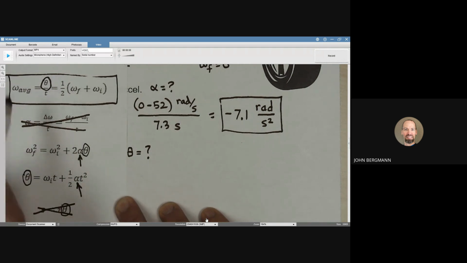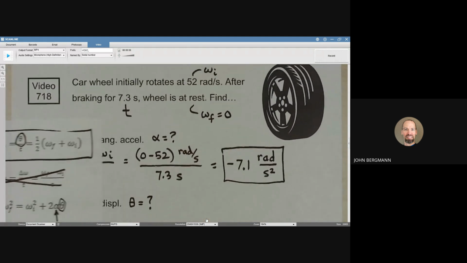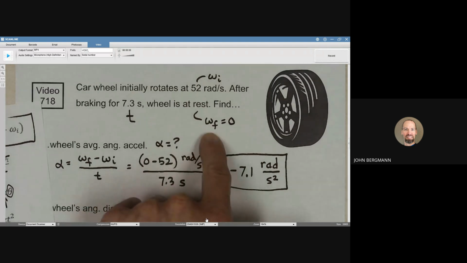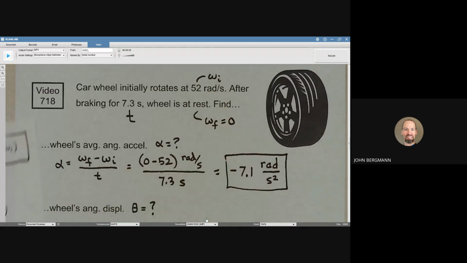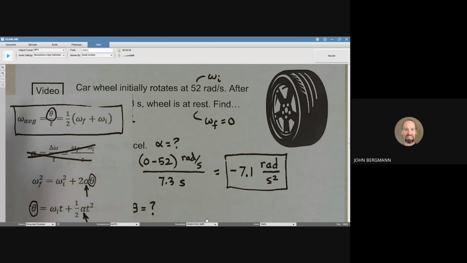So we're going back to the original givens, which are that the time is 7.3 seconds, the final angular speed is 0, and the initial angular speed is 52. We're going to use this equation up here that I've boxed in, and we're not going to bother calculating that part of it.